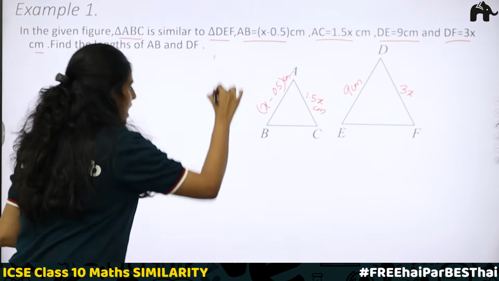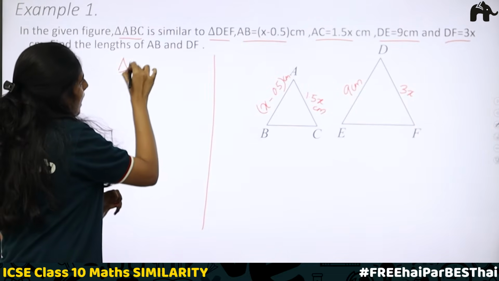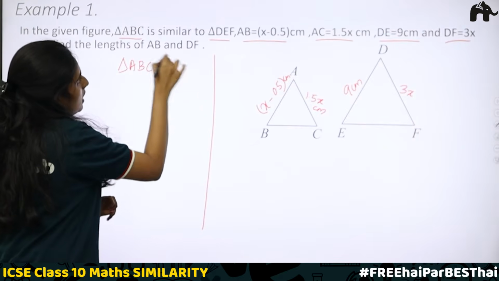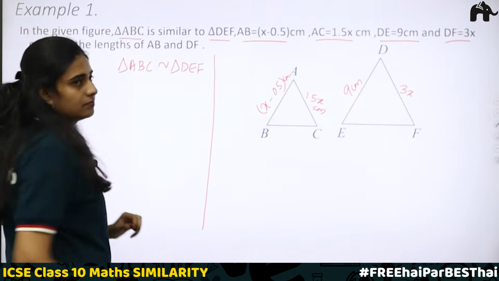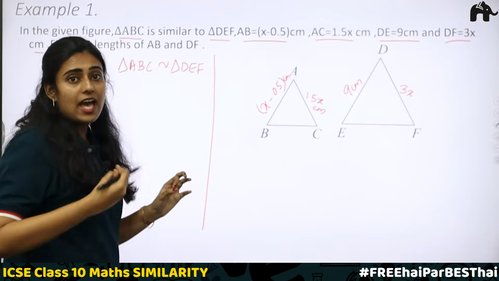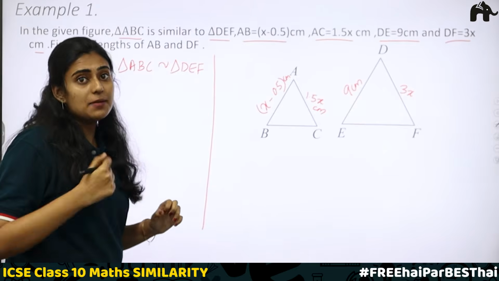Given that these two triangles are similar, that is triangle ABC is similar to triangle DEF. For similar triangles, the ratio of the corresponding sides will be equal, or corresponding sides are proportional.